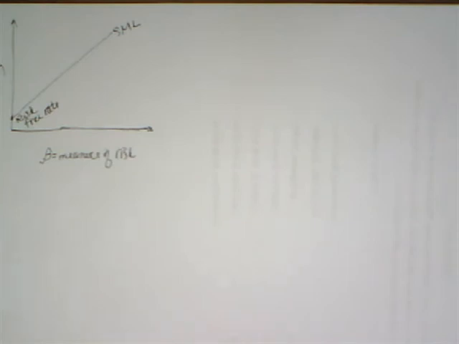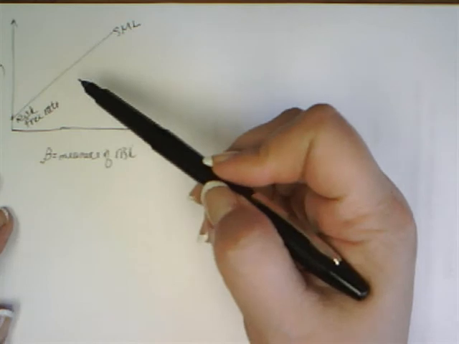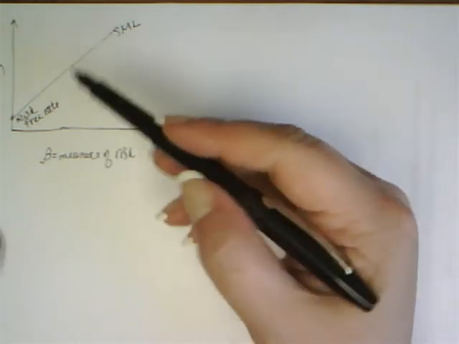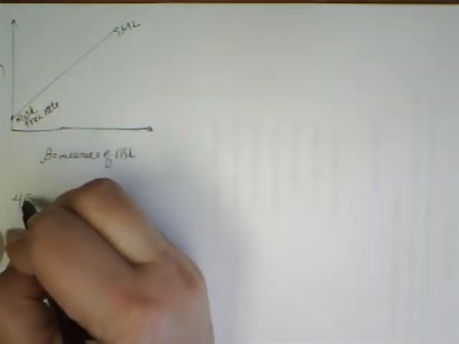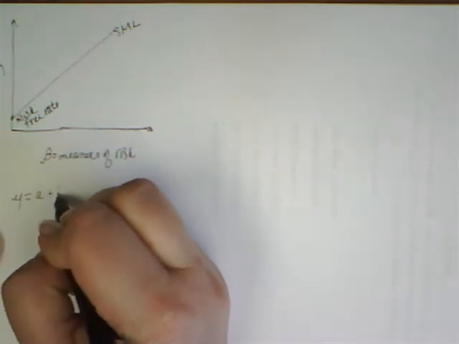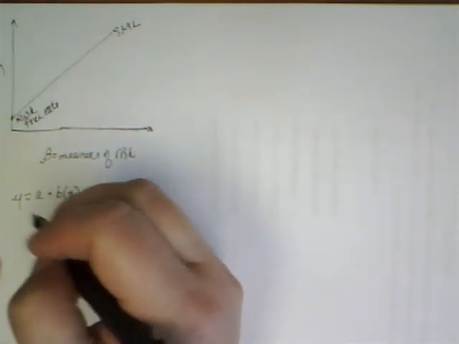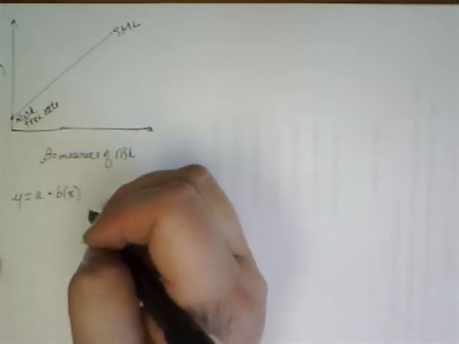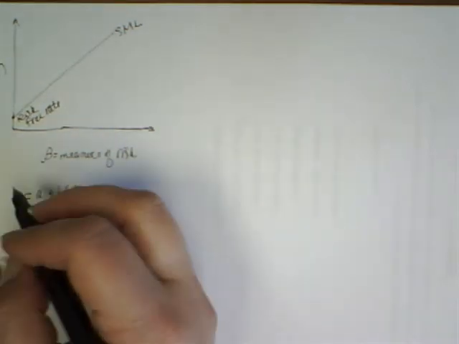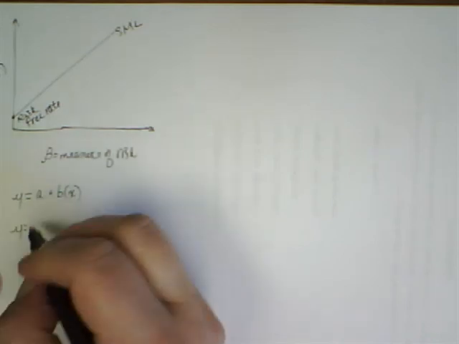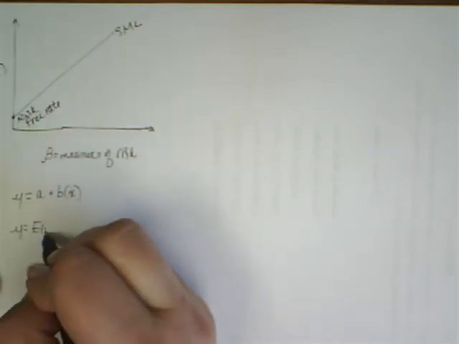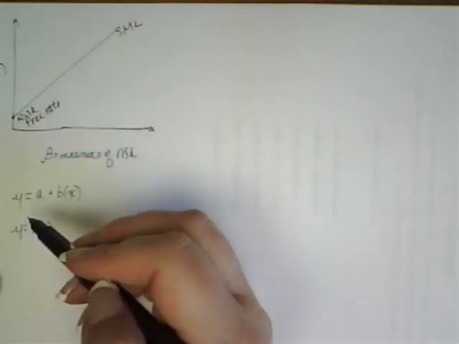So since the security market line is a linear equation, the typical formula is y equals a plus b times x. So let's define the equation by the variables we will use. Okay, so y is equal to the expected return at some investment level.